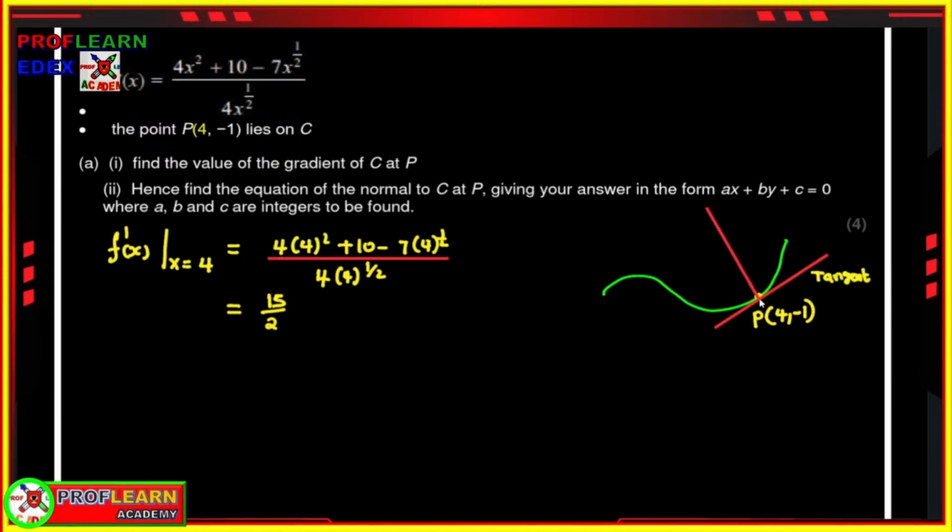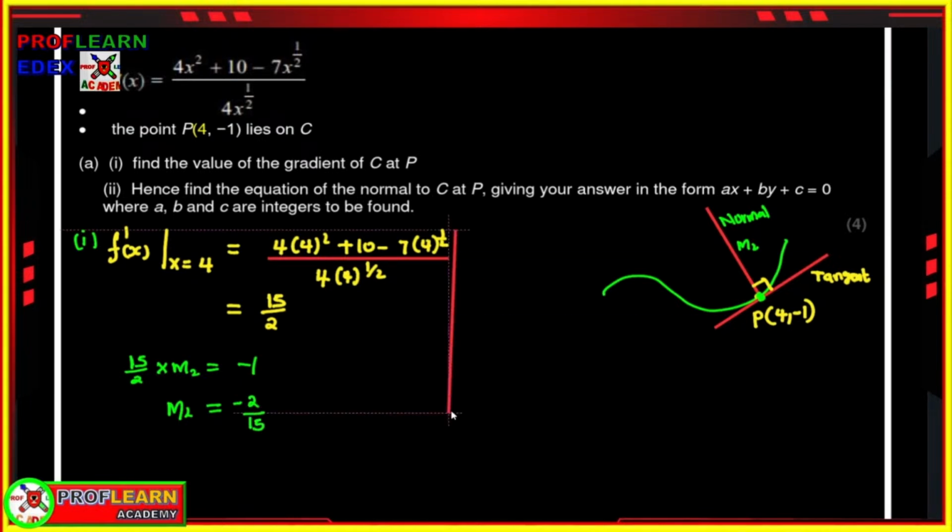But a normal forms 90 degrees with this tangent. To find the gradient of the normal, the gradient that we have obtained times m2 is going to be -1. If you work that out, you get -2 over 15.